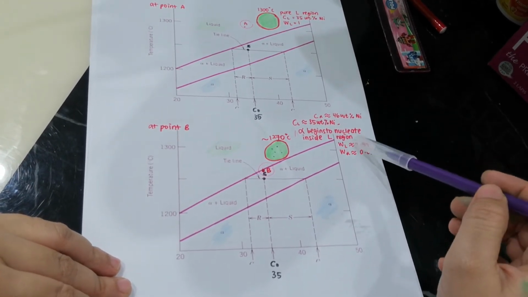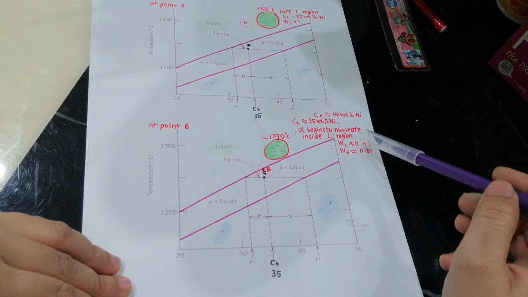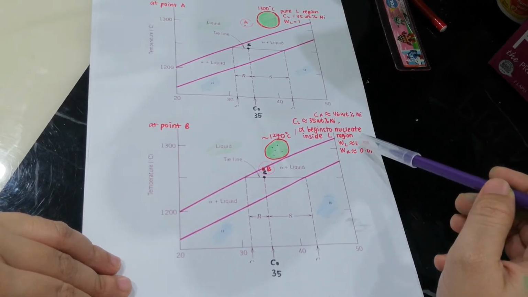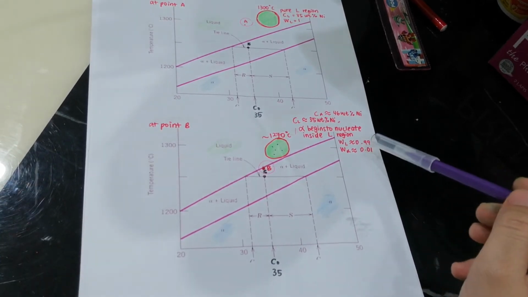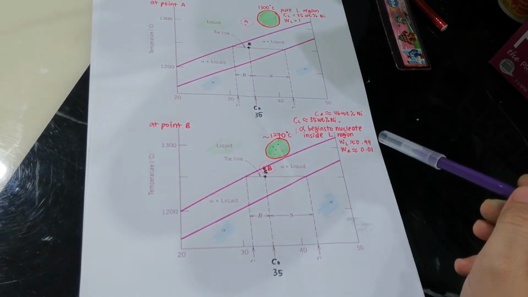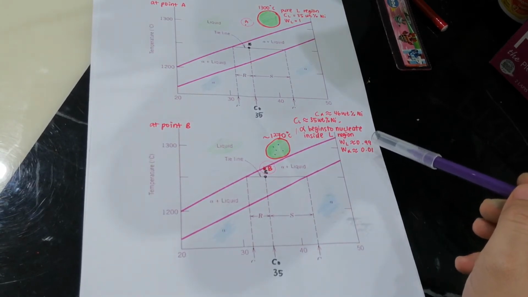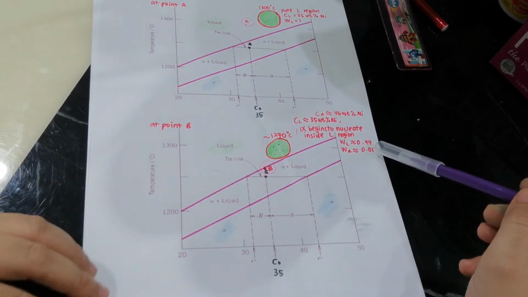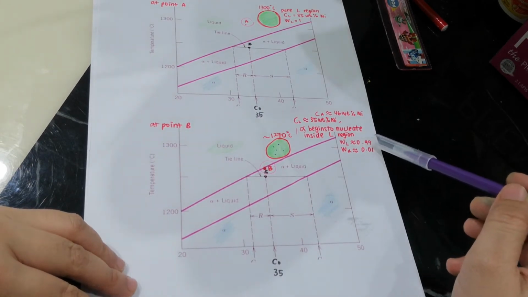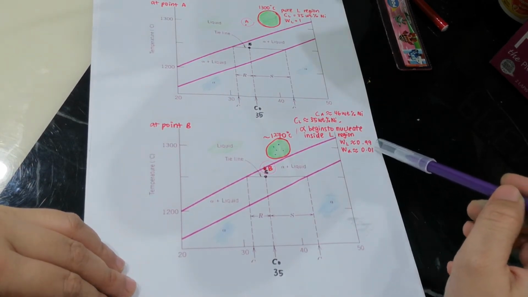So here we can say that the fraction of liquid is almost 99% and the fraction of solid is around 1%.